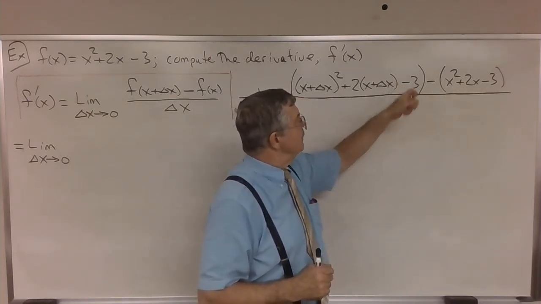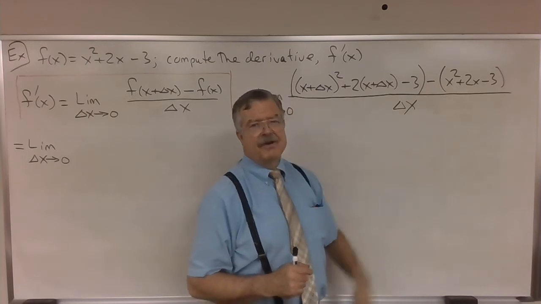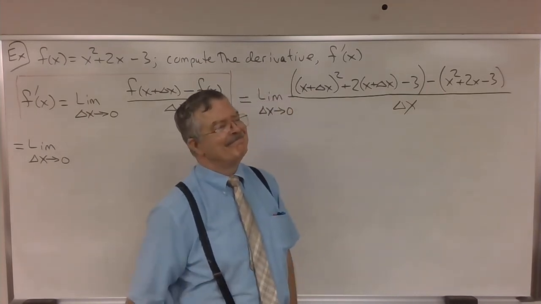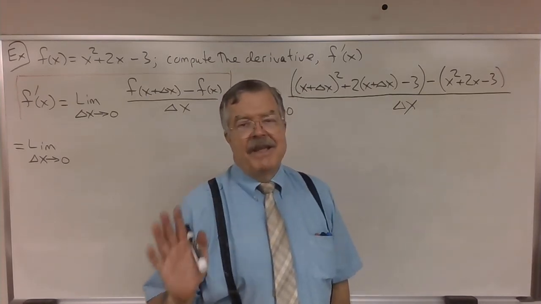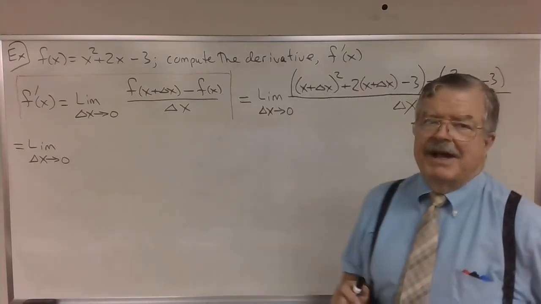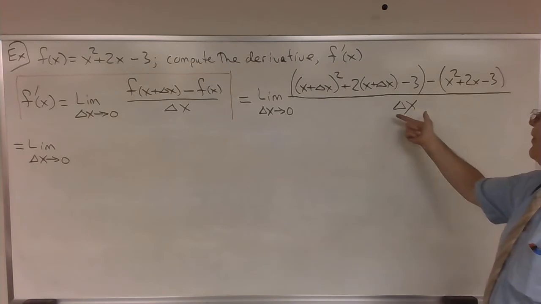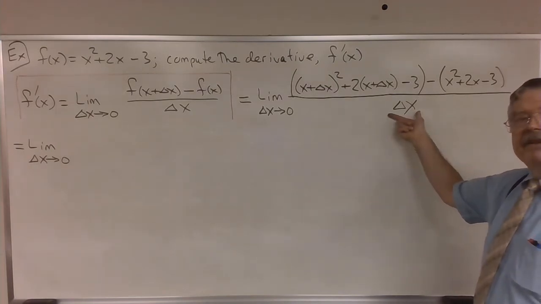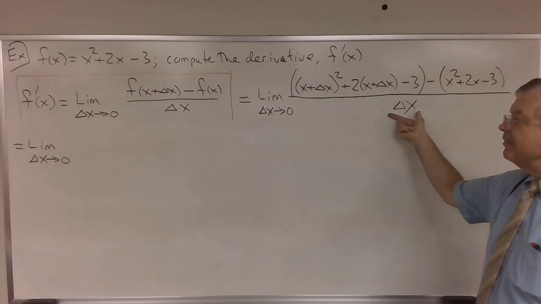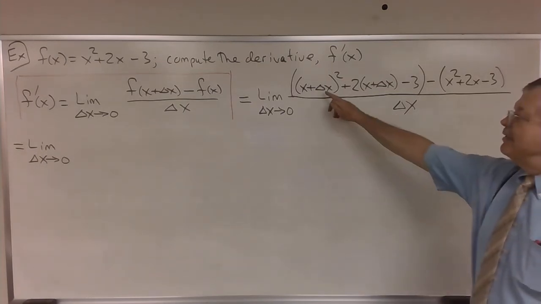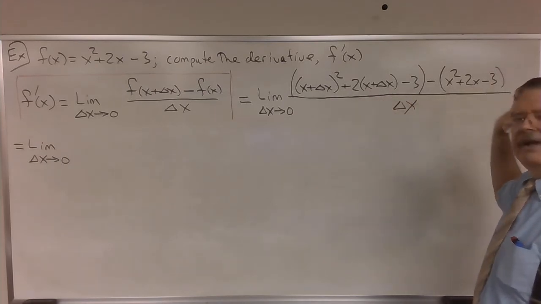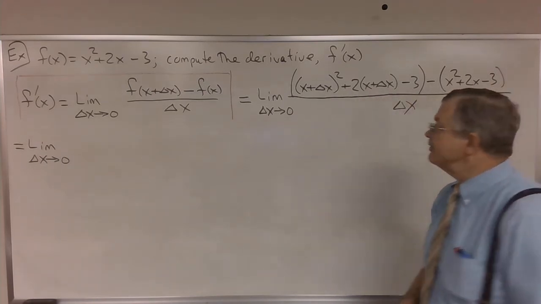We're going to have 0 on top and 0 on the bottom. I need to cancel out a common factor in top and bottom, and that common factor is delta x. Before I can do that, I'm going to have to multiply all this junk out and combine terms.